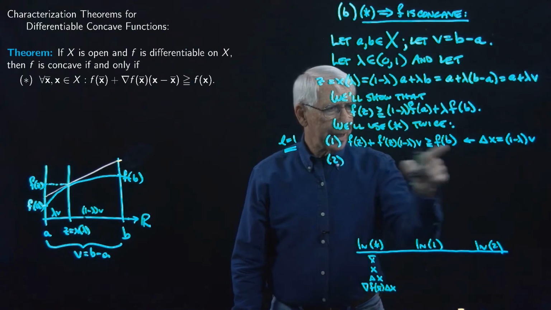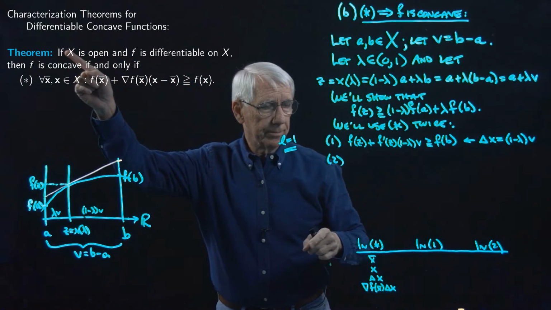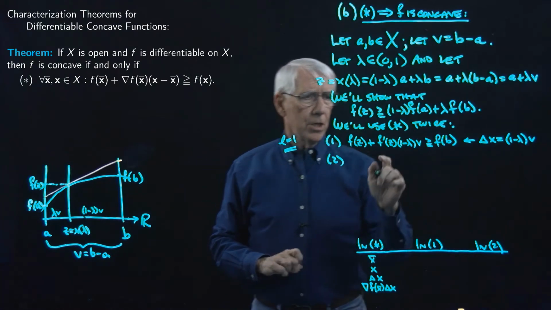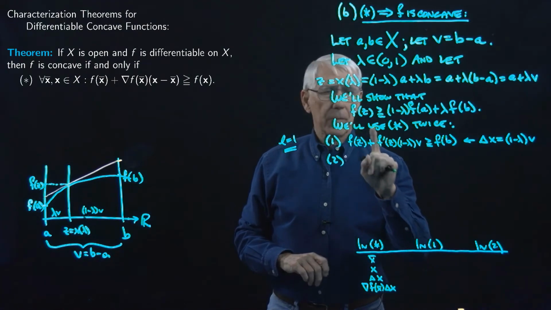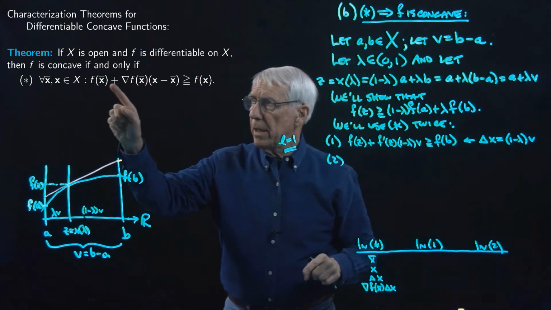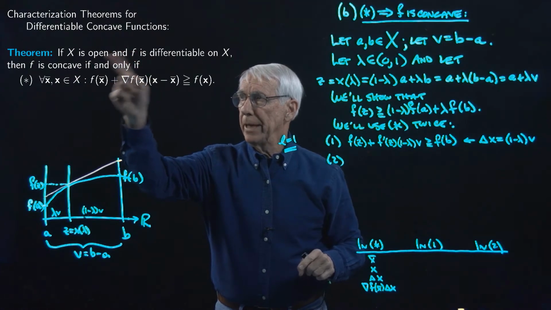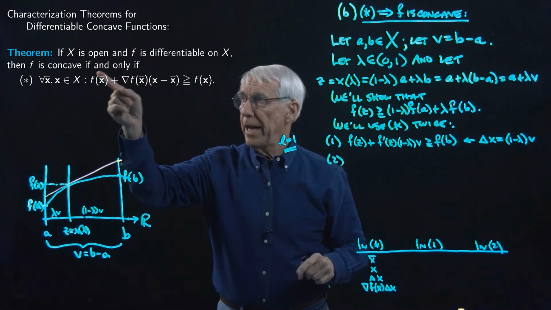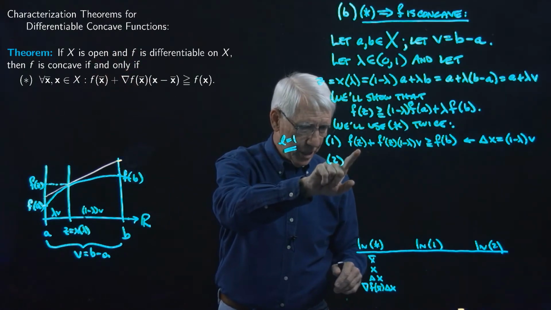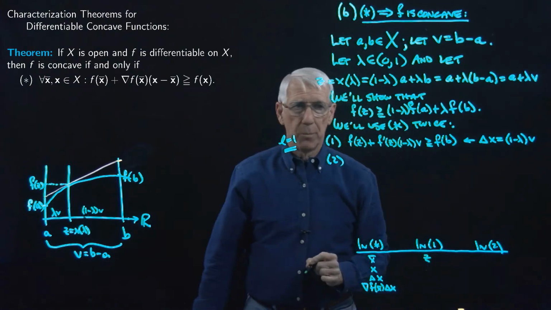So in this first inequality, I want to fit that into the star condition. Okay? So you'll see that the first item in the inequality in this star condition is f of x bar, and I've got z. So z is playing the role of x bar.